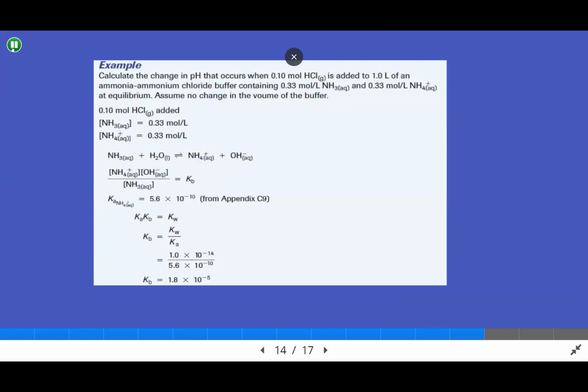These next couple slides is the same example that we went through previously. So if you want to review that, you can go through these next slides. It's just the same example, but the solutions are a little bit bigger to see.